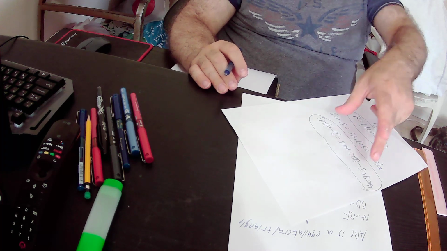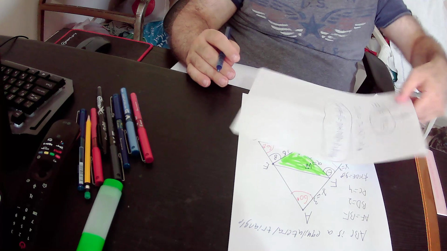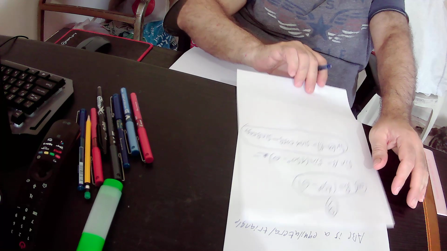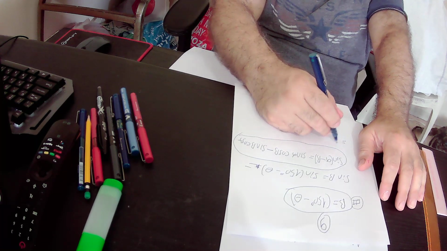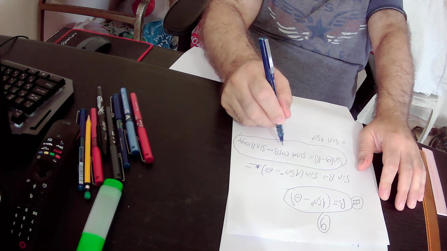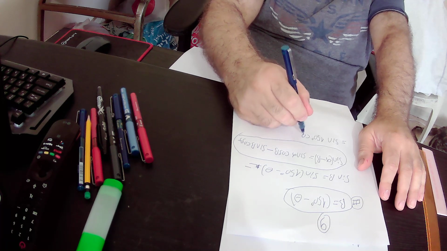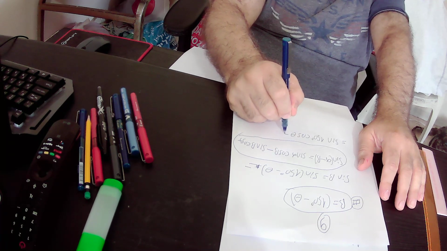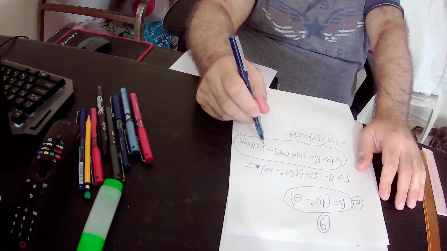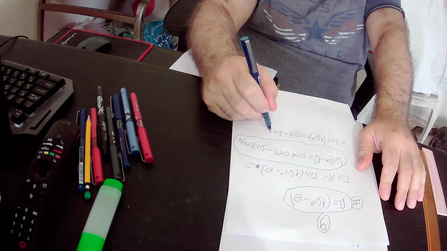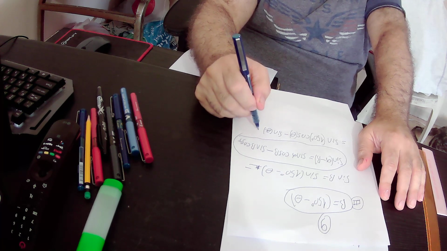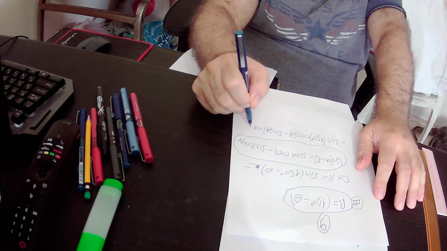According to this identity, it will be equal to sinus 150 degrees times cosinus theta minus sinus theta times cosinus of 150 degrees.